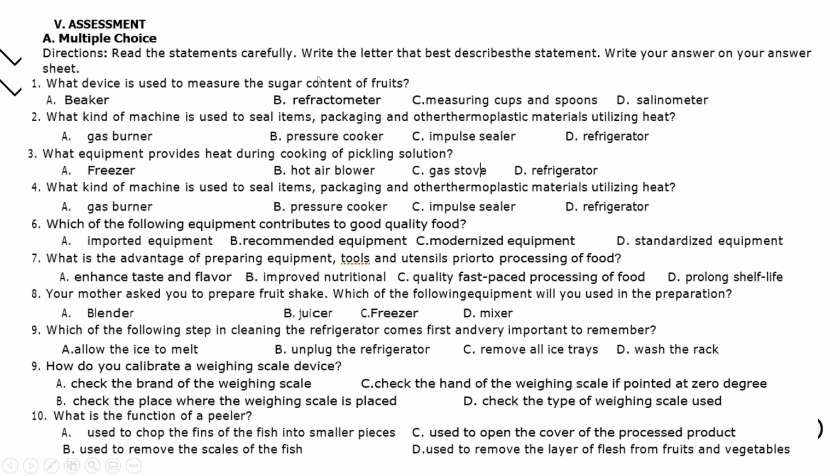What device is used to measure the sugar content of fruits? Sugar, beaker, refractometer, measuring cup and spoon, salinometer. So, yun. Alam, kayang-kaya nyo yan. So, hindi na natin to iisa-isahin dahil alam ko na madali lang yan para sa inyo. At may kopya naman kayo niyan.